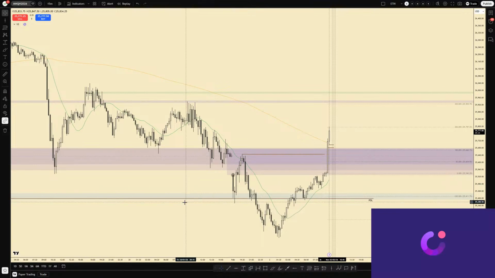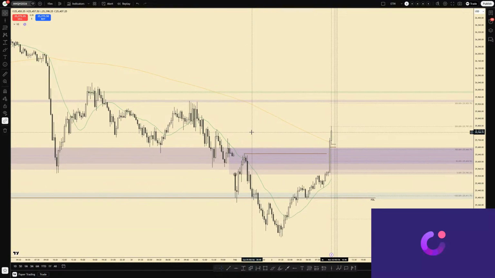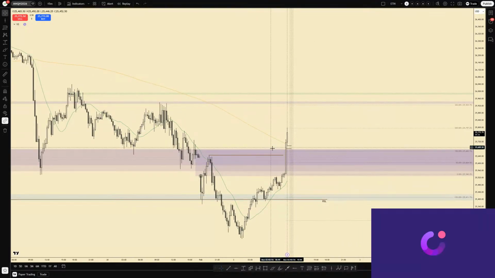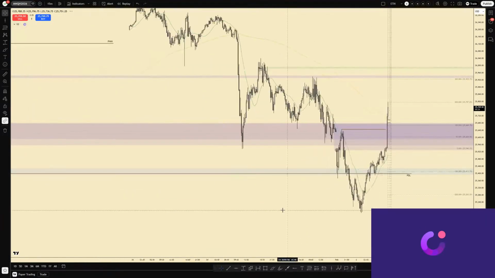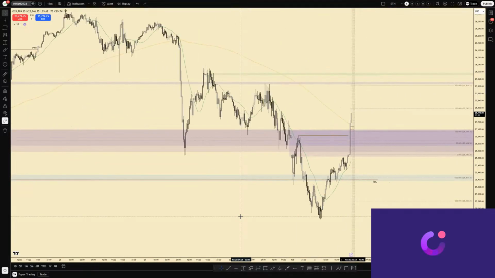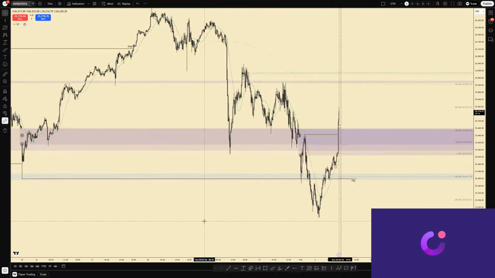It seems like price may not reverse back lower from here because there is a hierarchy between the time frames.